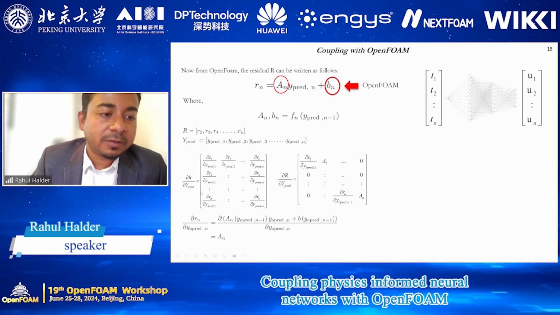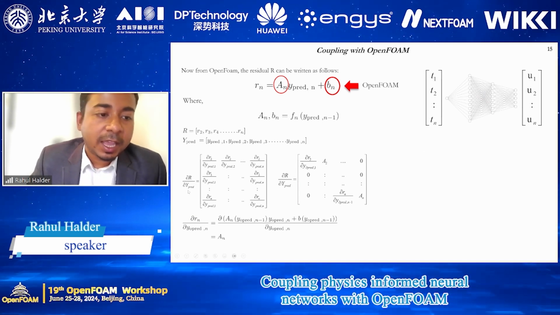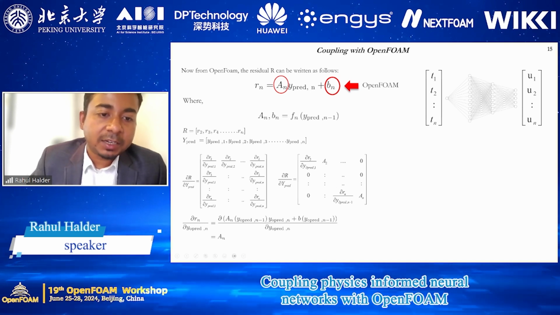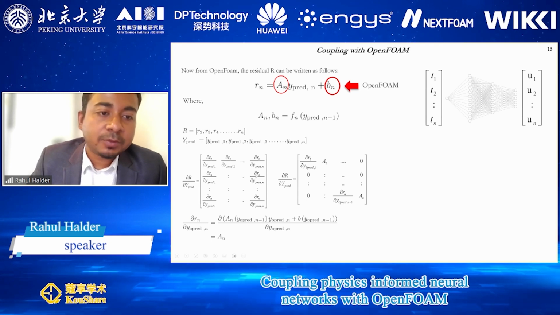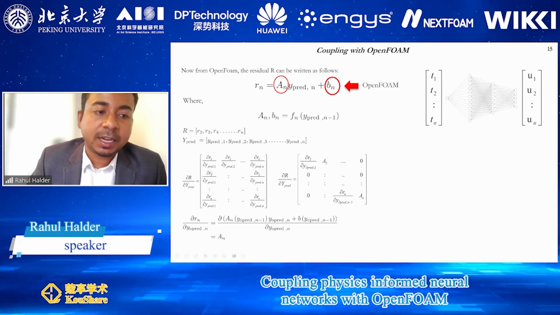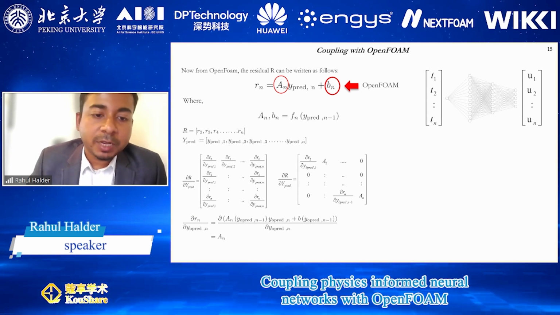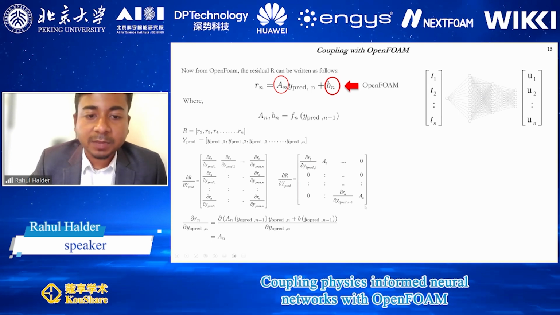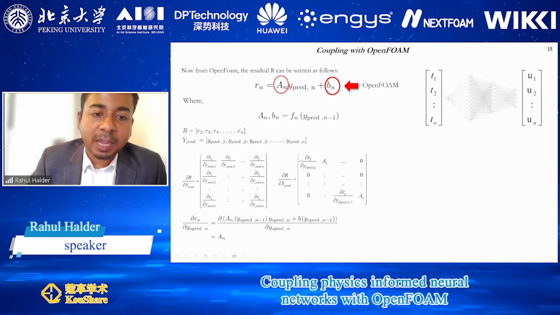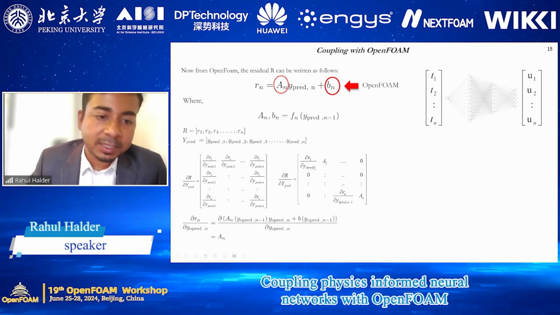Basically you have to compute this Jacobian, del R by del Y predictions, and it can be very easily done in the OpenFOAM context. If you do some mathematical manipulations on those residuals and their dependence on the previous or current time steps, you will find most of the terms become zero. The diagonal terms become one, and some of the terms you have to compute using finite difference, but it should be very easy.